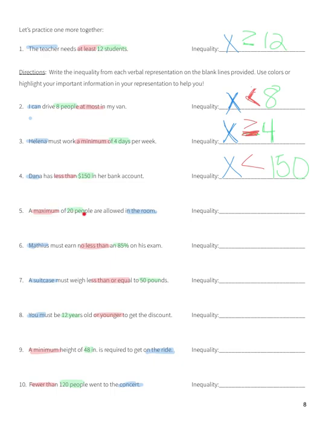A maximum of 20 people are allowed in the room. We don't know how many people are in the room, so we got our variable. But we know that it cannot be more. It's at maximum 20 people, so it's got to be less than 20 people.